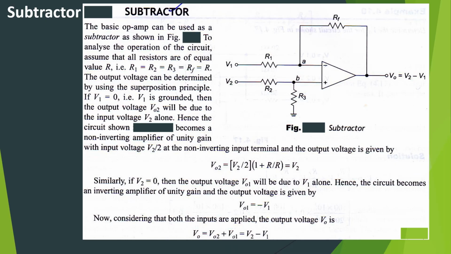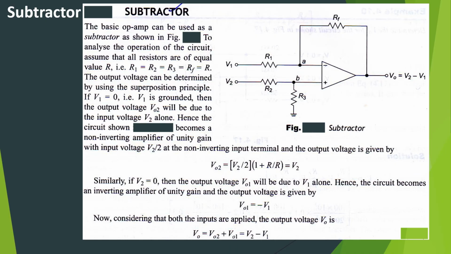Hence, the circuit shown becomes a non-inverting amplifier of unity gain with the input voltage V2 by 2 at the non-inverting input terminal, and the output voltage is given by V02 equal to V2 by 2 into 1 plus R by R. So that is equal to V2.